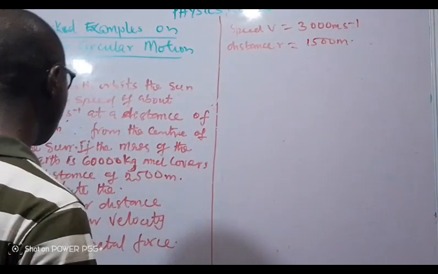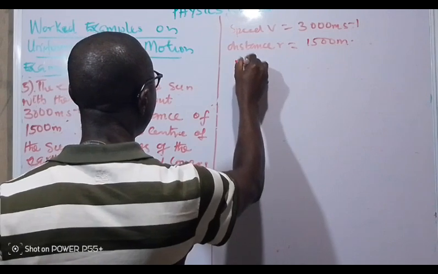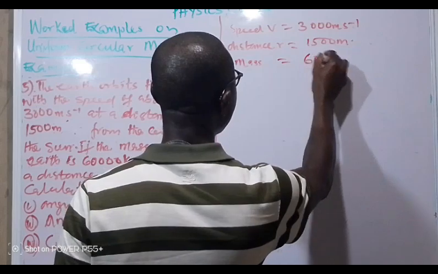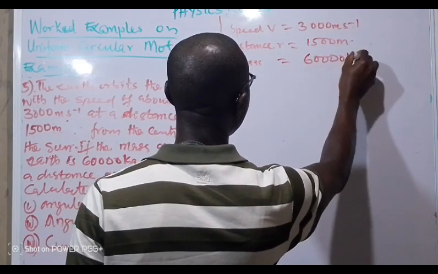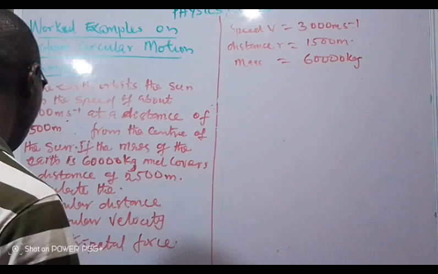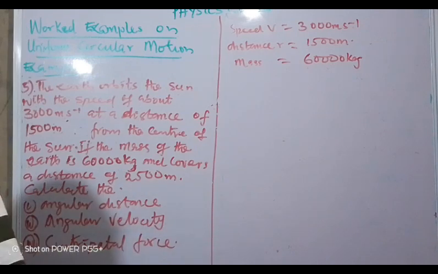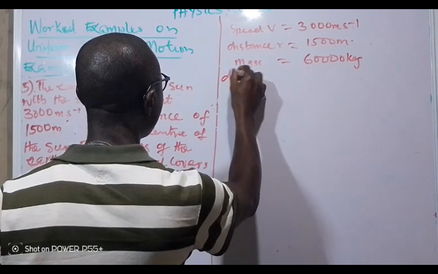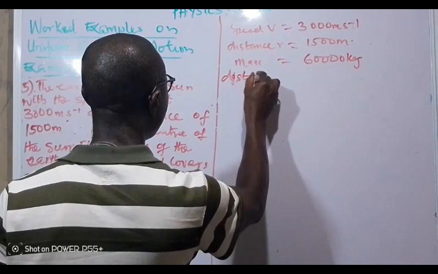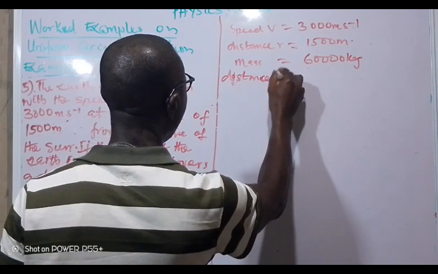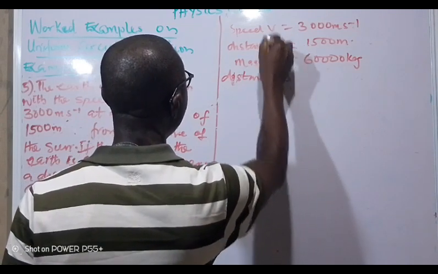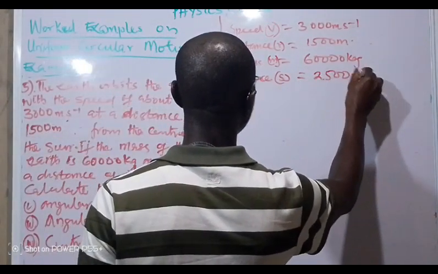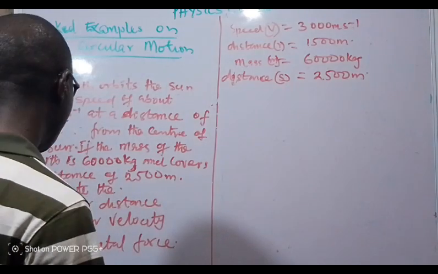Mass of the Earth is given as 60,000 kg and the distance covered x is 2,500 meters.